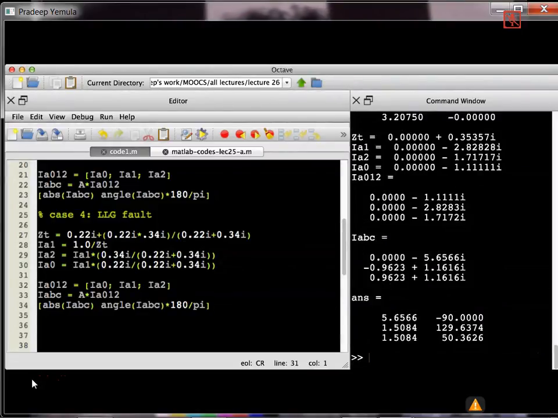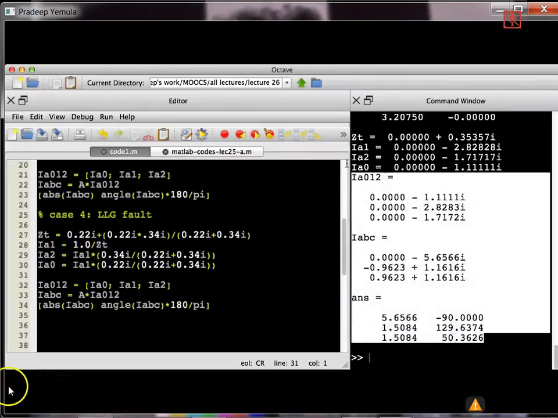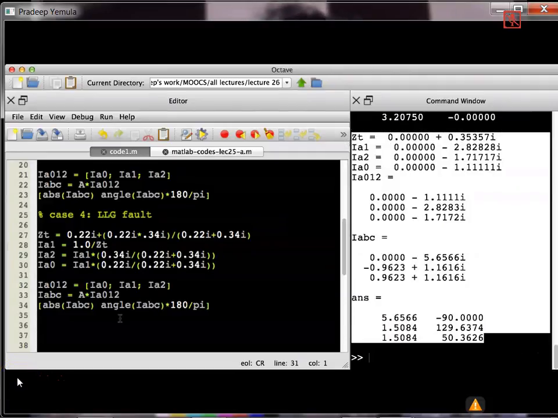So this is the final answer I am getting. So let me copy the final answer. IA, IB, IC. 5.65 angle minus 90 degrees is IA current. 1.5 per unit, 129 degrees is IB current, and then 1.5 per unit and 50 degrees is the IC current.